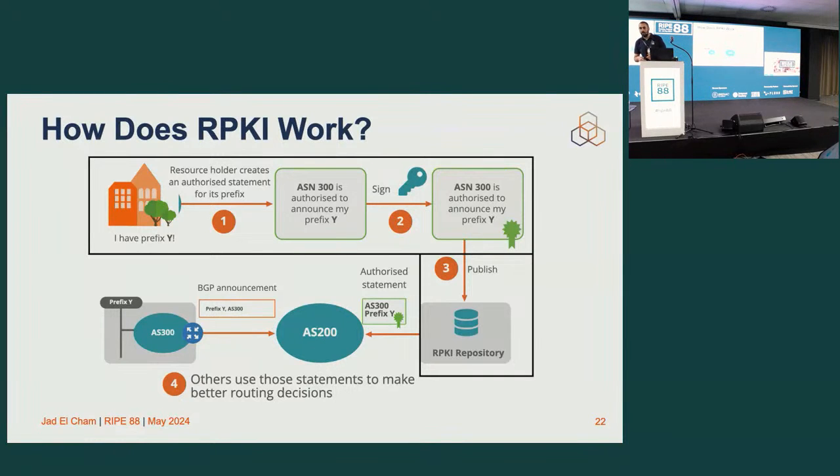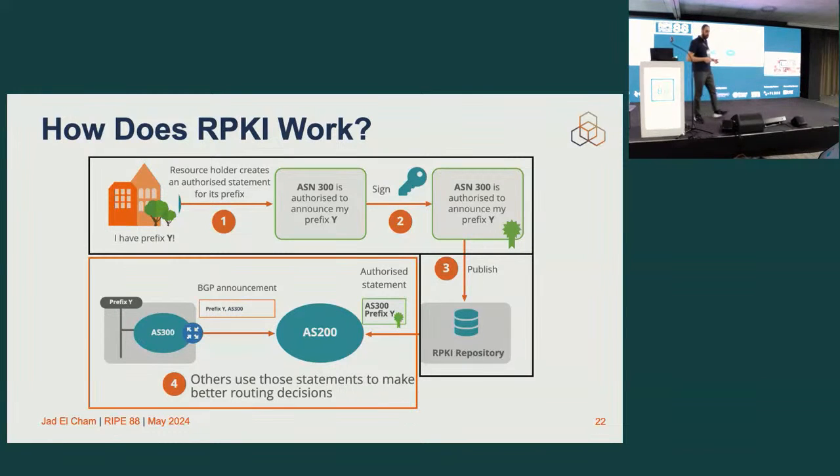We go to the IRR data, we go to other information, etc. But now what AS200 can do is download the digitally signed statements from the RPKI repositories, and then they can verify both, what they receive in BGP and what is available in the RPKI repositories. And then based on this comparison, either they decide to keep the announcement, to drop the announcement, or to apply a certain sort of treatment to that announcement.